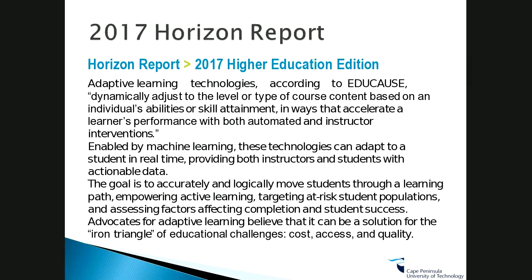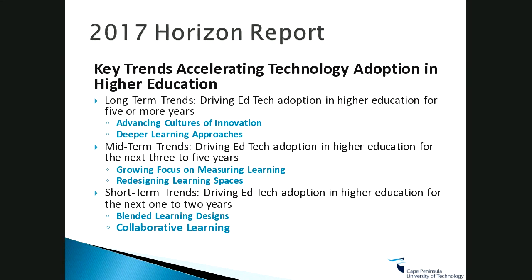Okay, then also if we look at the trend moving forward, if we just look in general at what the 2017 Horizon report is and where it comes from, as you can see, these are the key trends accelerating technology adoption in higher education, and there you can see advancing cultures of innovation and deeper learning approaches.